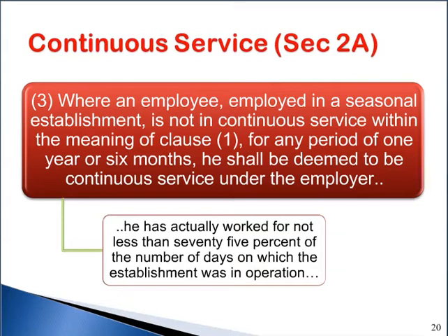This definition is again important as it relates to the eligibility of an employee to receive gratuity.